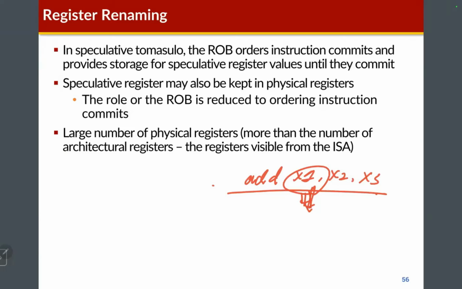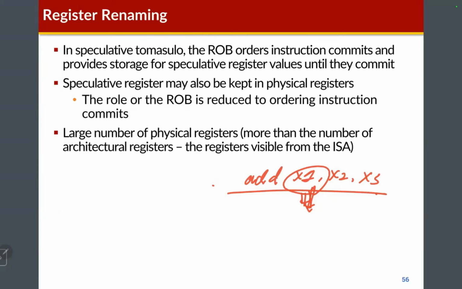So the software uses architectural registers, but in the real hardware the number of architectural registers is fixed. Like in RISC-V, we just have 32 architectural registers.